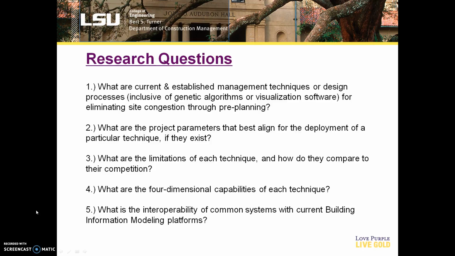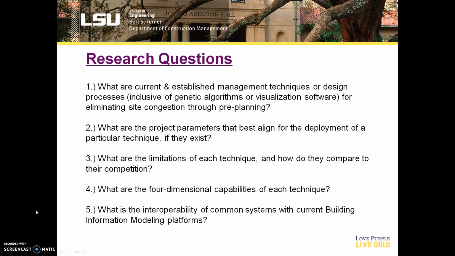What are the project parameters that best align with the deployment of a particular technique? You will explore a solution that revolved mainly around earth moving equipment. It was a rather static procedure that involved grid working and predefining the routes of movement for equipment and personnel.